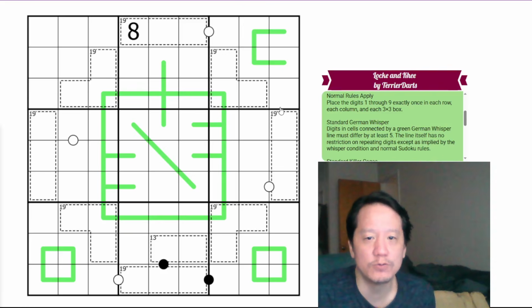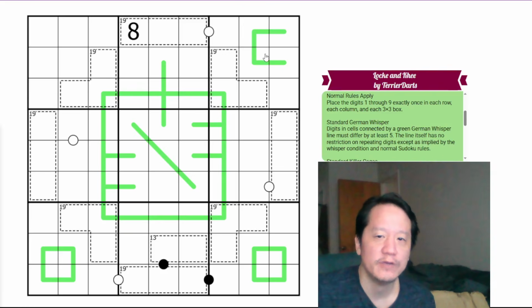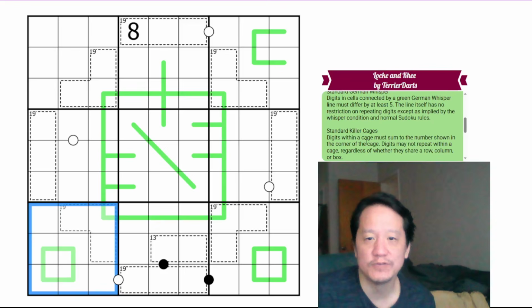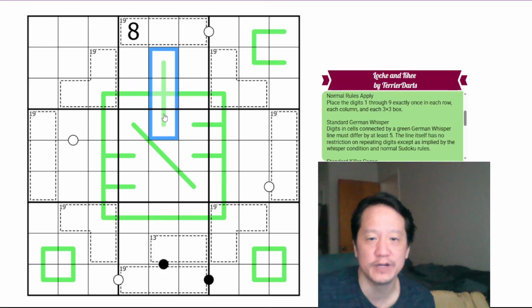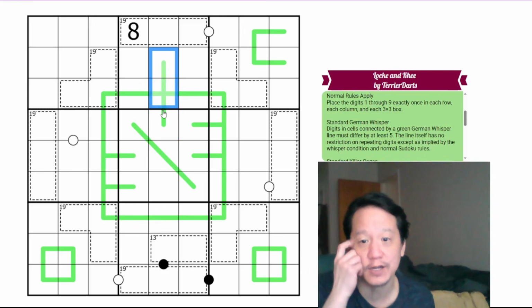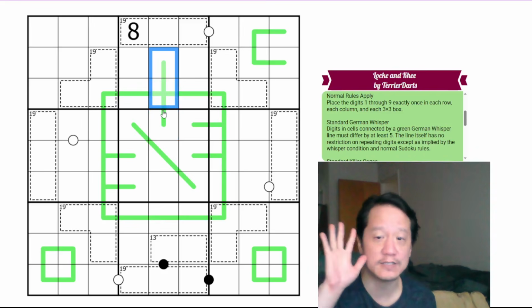We have normal Sudoku rules apply, which means place the digits 1 through 9 exactly once in each row, column, and 3 by 3 box. We have standard German whisper lines, where digits in cells connected by a green German whisper line must differ by at least 5.